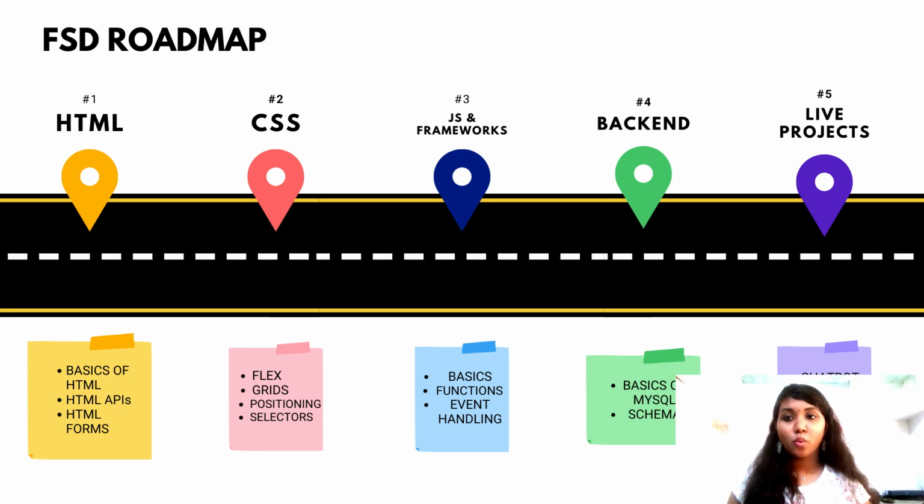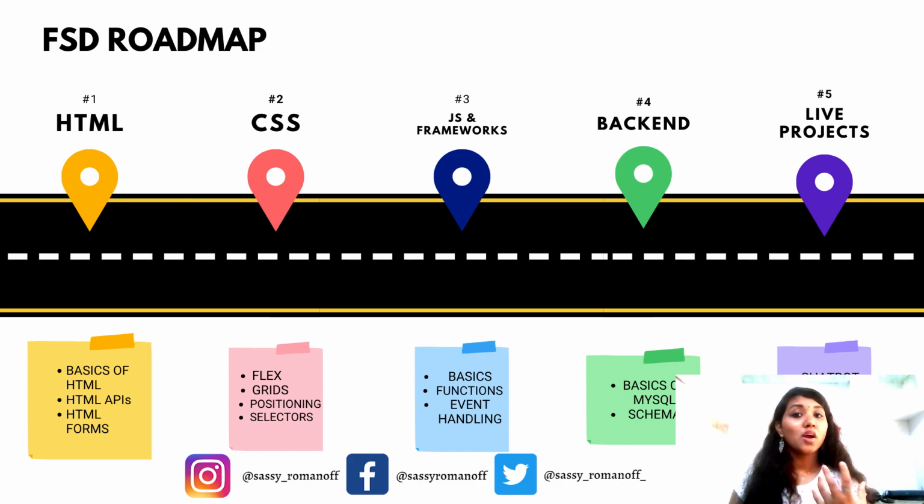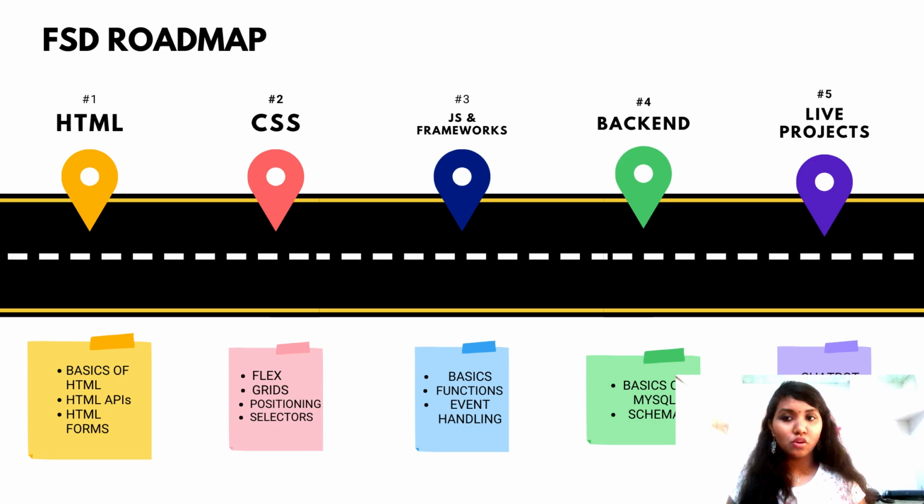So coming to the first one, which is HTML. We have reached the root number one, or location number one, which is HTML. You might know this is the skeleton of a website, the very basic thing you need to know. For the updated version, go for HTML5 and learn it extremely well, not just the basics.